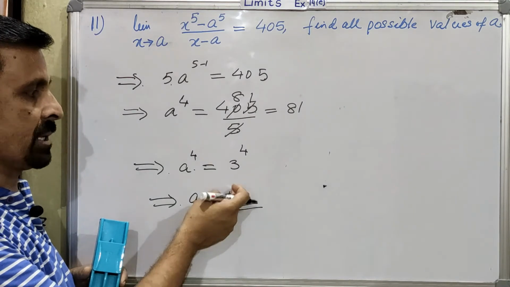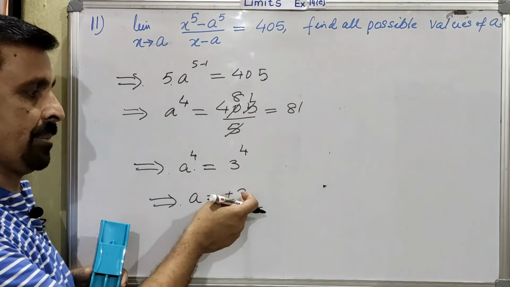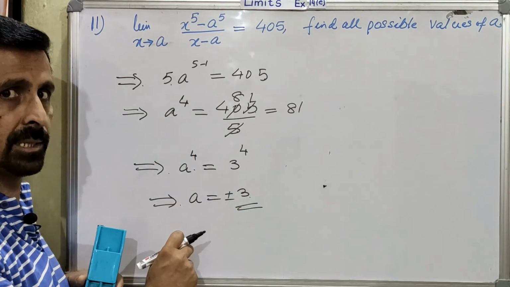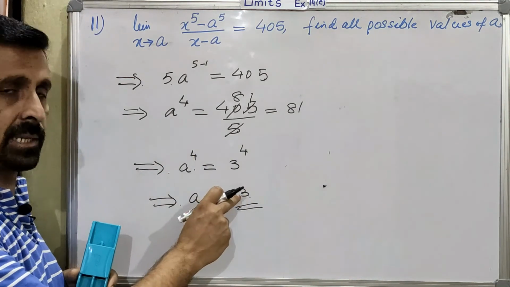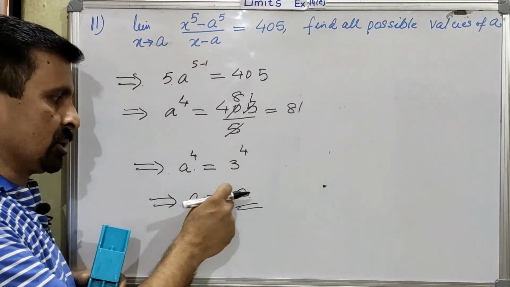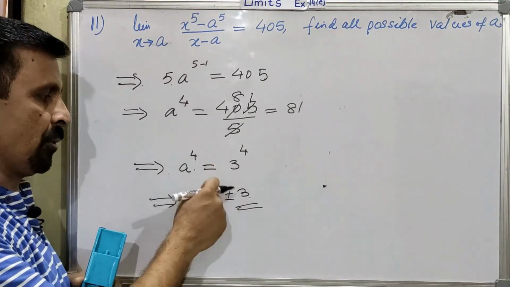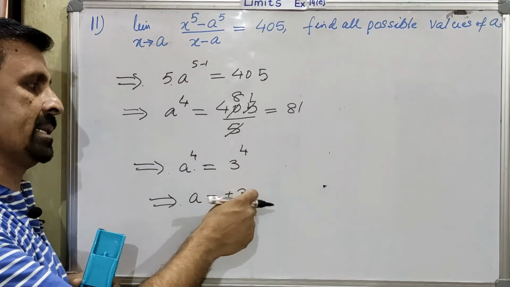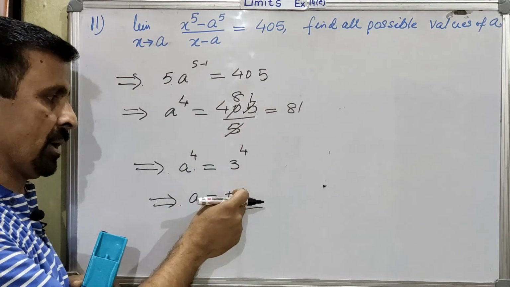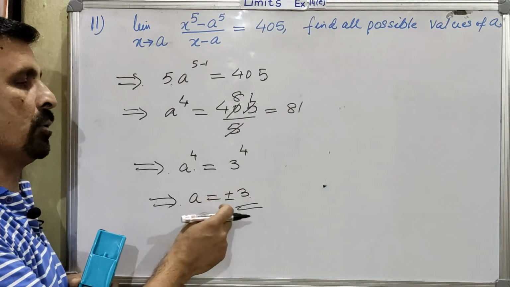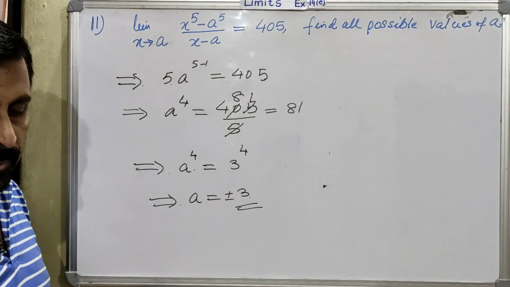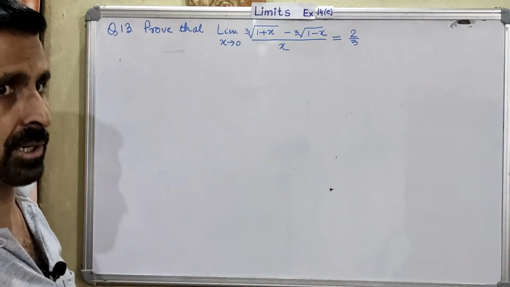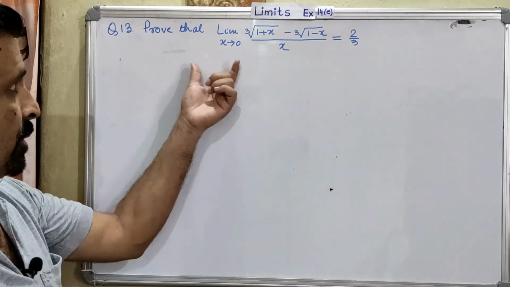Maybe both the numbers are positive, or if both the numbers are negative, then also in that case, because the power is an even number. So when it is positive, the fourth power of that positive quantity will be equal to this, or if it is negative also, the fourth power of this negative quantity also will be equal to the same. That is why we have two possibilities: a could be either plus 3 or a could be minus 3. Thank you.